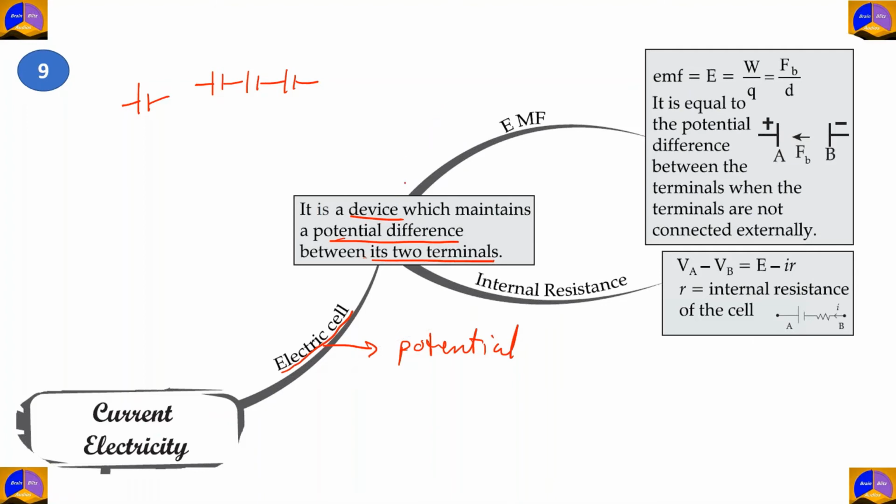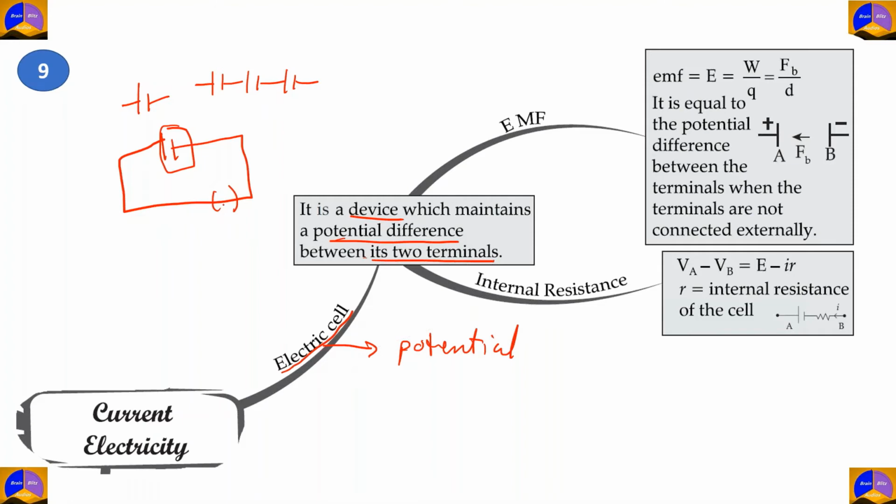We know that an electric cell produces a voltage across a current carrying circuit. But do you know that the cell itself also has a sort of potential difference? That potential difference is known as the EMF. Let's look at the definition. It's equal to the potential difference between the terminals of the cell in a circuit which is open.